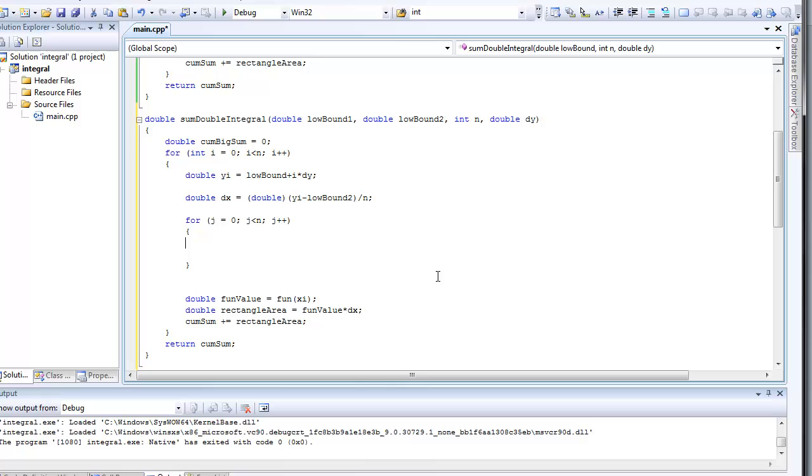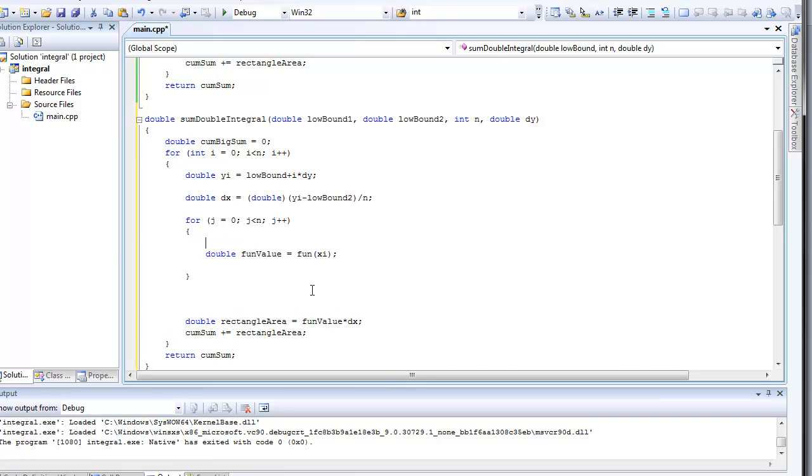And what we are going to do, like before, we are going to calculate the value, but firstly we need to calculate xi. Double xi is equal to low bound plus dx times j.